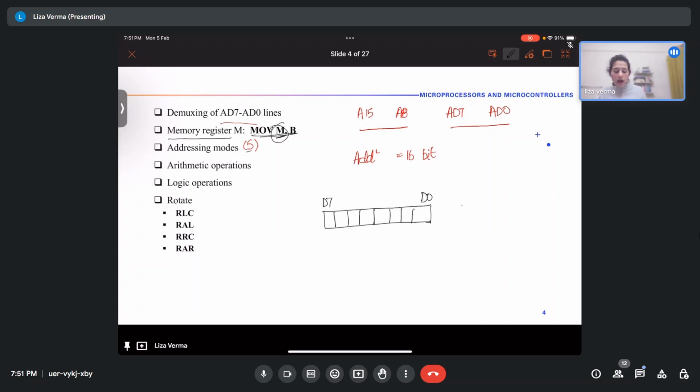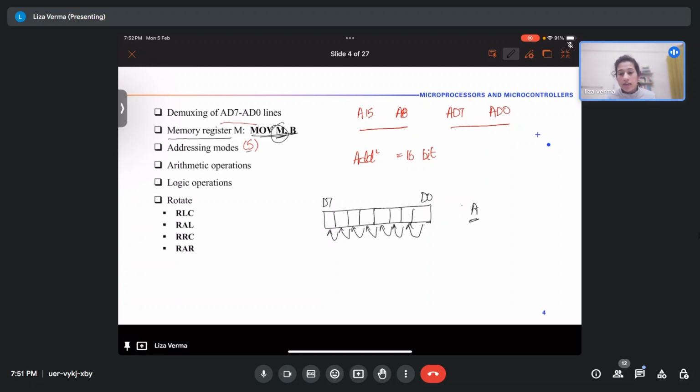What will RLC do? Rotate the contents of the accumulator to the left by 1 bit. So D0 will go to D1, D1 will go to D2, and similarly, the question will arise, where will D7 go?